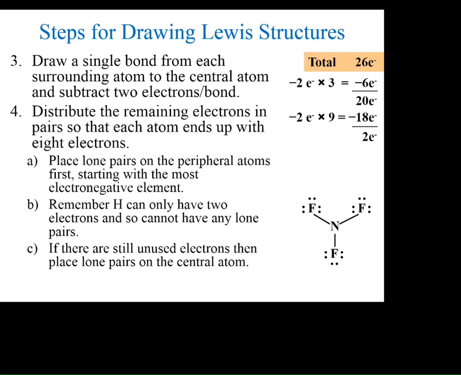Right now it's got 2, 4, 6 around it, right? So it needs how many more? 2 more. Oh, look, there's 2 left. So I'll just put them, boop, right on the center atom. I'll put them right there. See those?